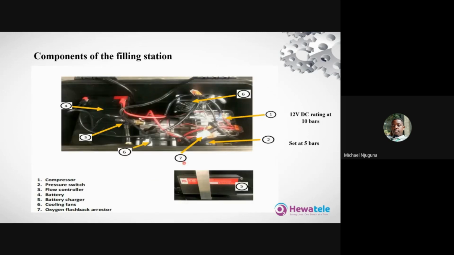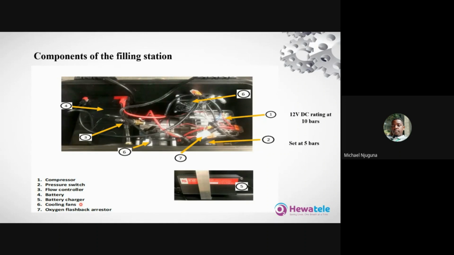And of course, as the name suggests, its purpose is to cool the internal environment of the filling station, so that the compressor should not overheat, and that would cause severe damage to the compressor. So to avoid that, we have two cooling fans at the back and at the front.